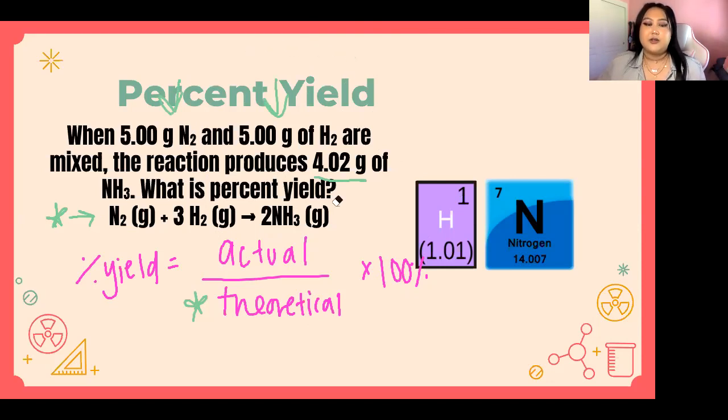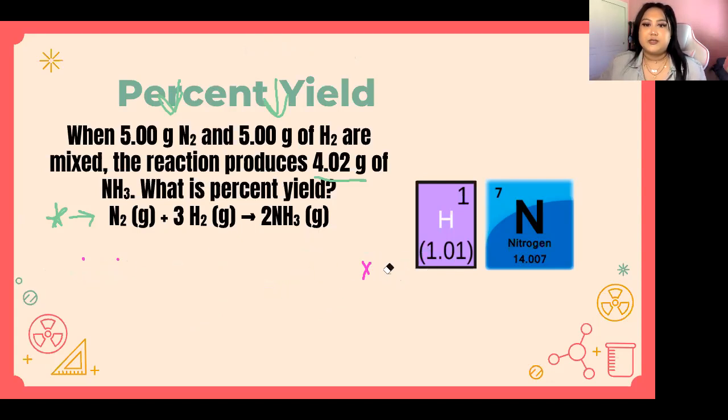Okay, so going to erase this. Anyone know where to start? What's the first step of solving for a limiting reactant? Change grams to moles. Yeah, we do.